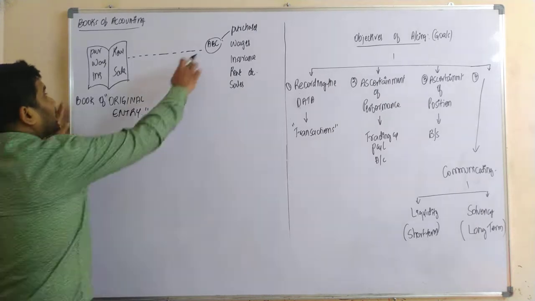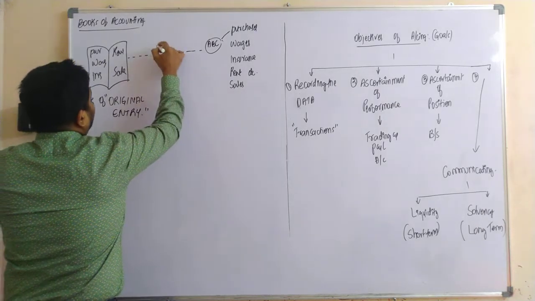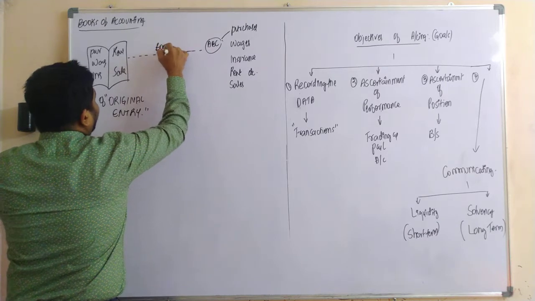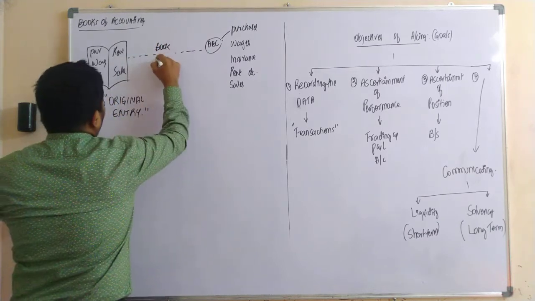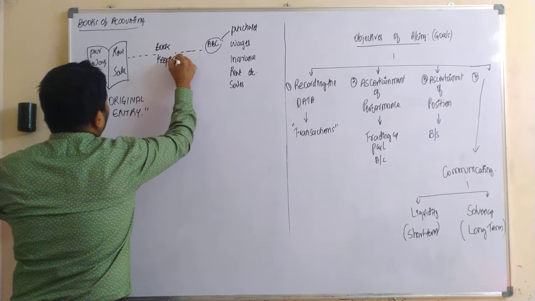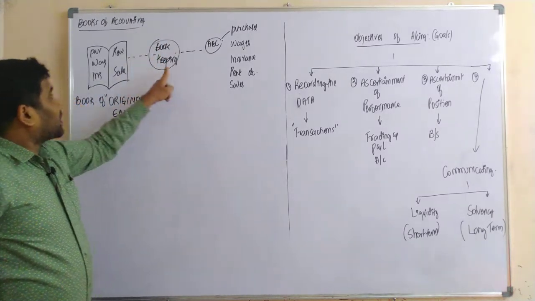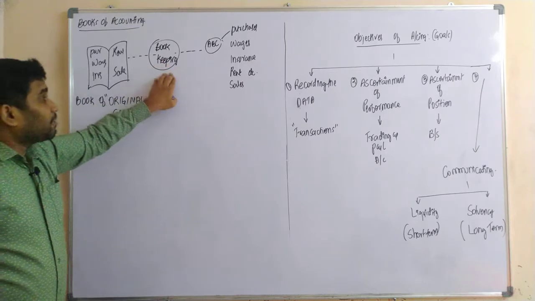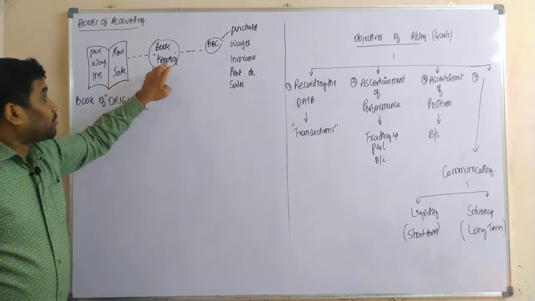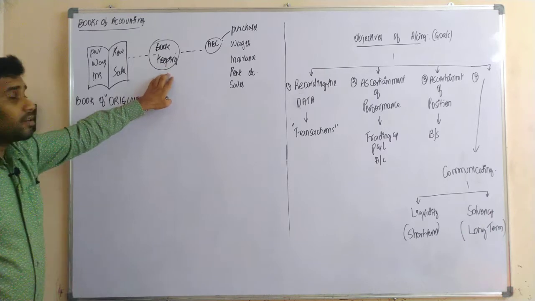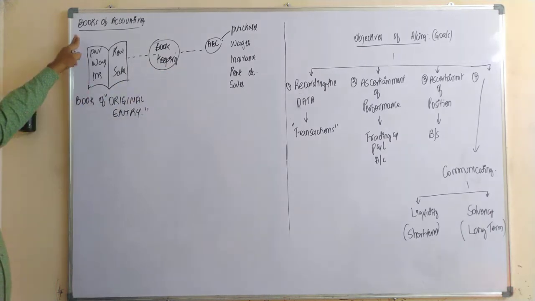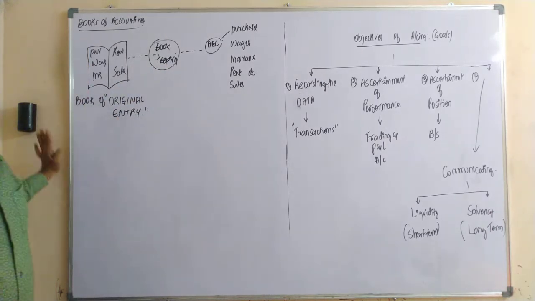So that means the data, first of all, would be recorded in a separate book called your bookkeeping. That means you are recording the data firstly into the bookkeeping, and from that bookkeeping you are going to record the transactions in the book of accounts, that is nothing but your original entry.